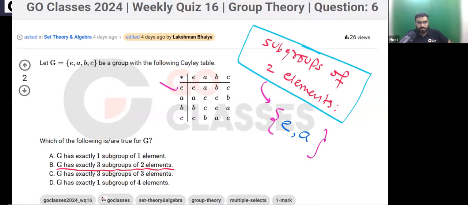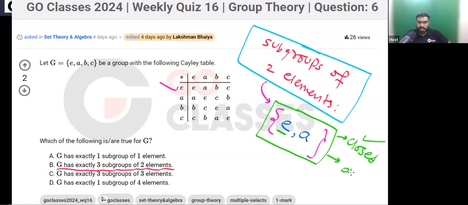You can check that this is closed, the identity element is already there, and A inverse is equal to A. So everything is there, and yes, this is a subgroup.